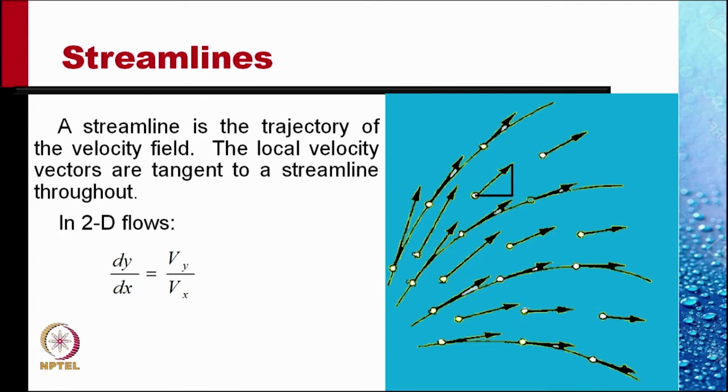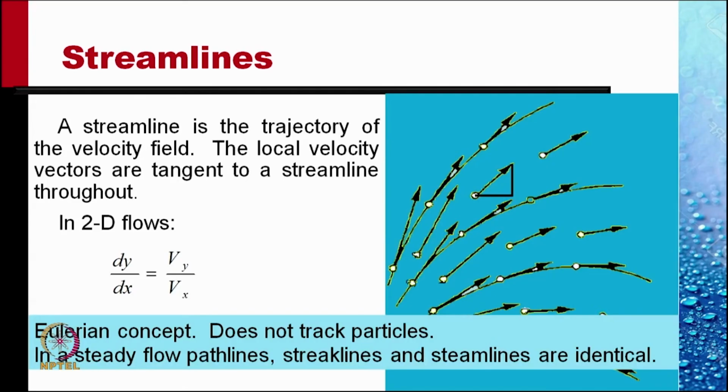In two-dimensional flow then, dy by dx, the slope of the streamline at any given point, would be Vy by Vx. Streamline is an Eulerian concept. It does not track particles.